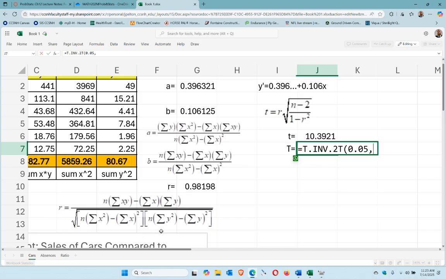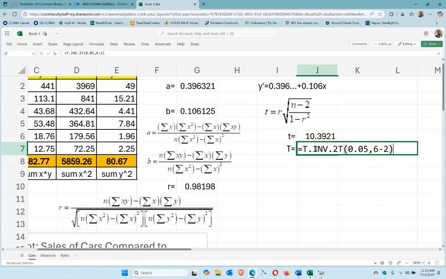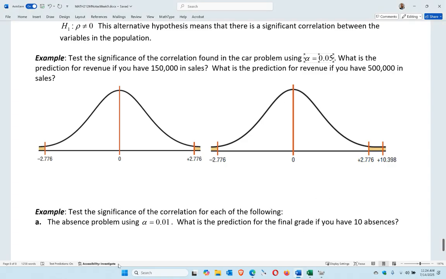Comma, degrees of freedom. I have 6 values here, so it's 6 minus 2. It's a minus 2 in this scenario. You can read the reasons why in the book, but it's not a minus 1, it's a minus 2 for this two-tailed test. So I got a 2.77, so that's our theoretical. That's actually plus or minus because it's a two-tail. It's basically doing 0.025 on either end. So 2.77.